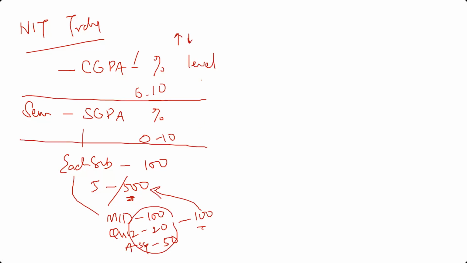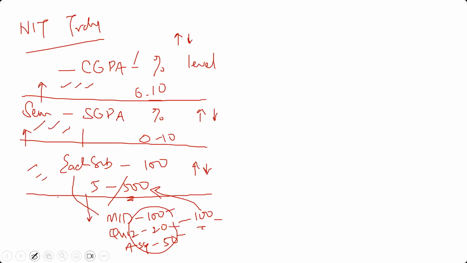This is another level below, which will tell you whether you are doing a good job or a bad job. So if you do good in SGPA, your overall CGPA will be good. Okay. Now this is another level of abstraction more below. Each subject, if you do well, then your SGPA will be good and your CGPA will also be good. Similarly, if you come down to each subject, if you do a good job or bad job in respective entities, your contribution from each subject will improve overall subjects, SGPA and CGPA.